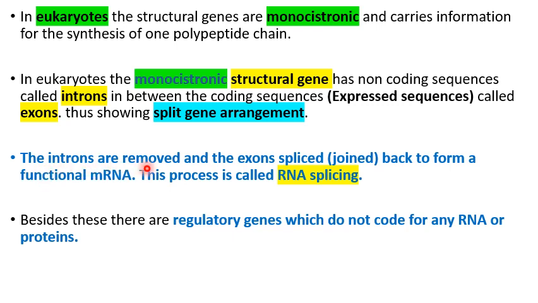So the introns are removed and the exons that are left behind, because the exons are the coding sequences, are spliced, meaning they are joined back to form a functional mRNA, and this process is called RNA splicing. Besides this, in eukaryotes there are regulatory genes which normally do not code for any RNA or proteins, but they regulate gene expression.